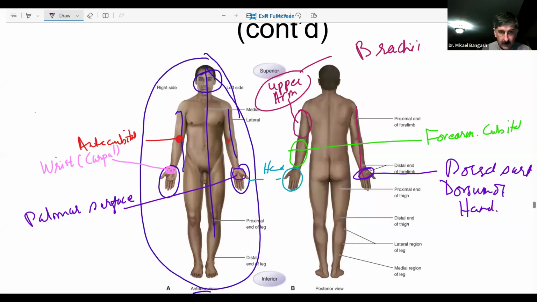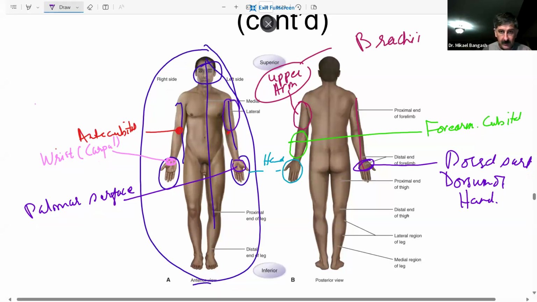So both anterior and posterior, this whole thing here is the upper arm, this is the forearm. Whether you look at the anterior or posterior, both of these would be upper arm, and both this and this would be forearm.